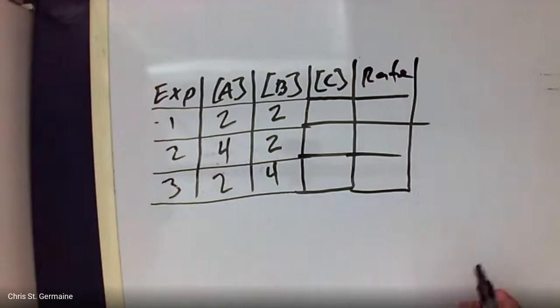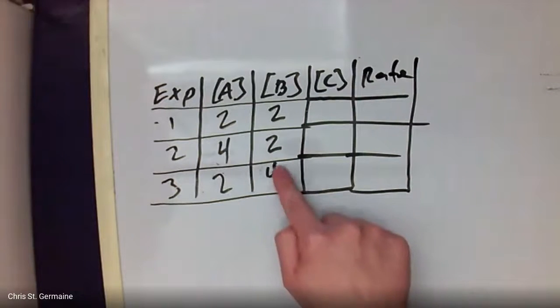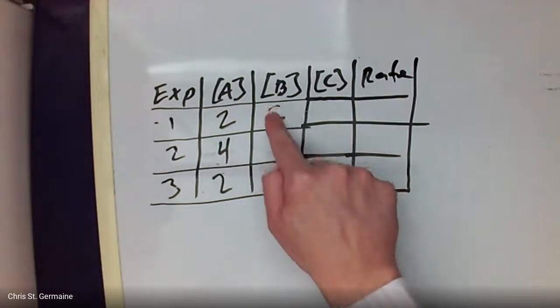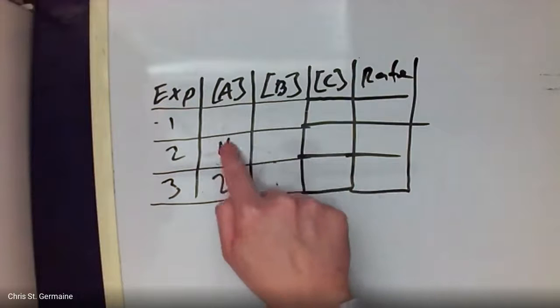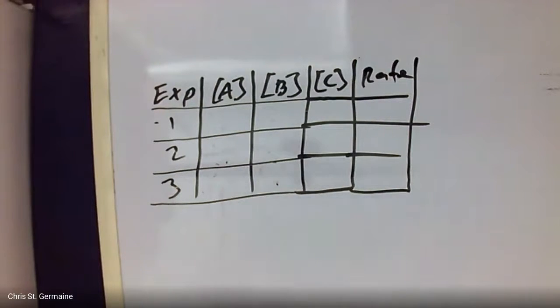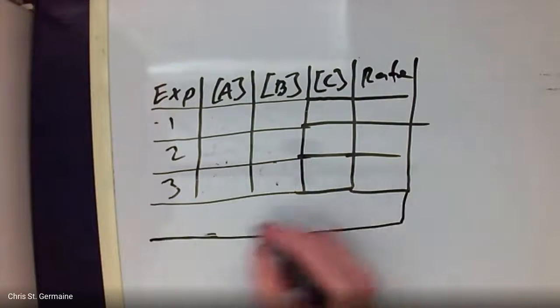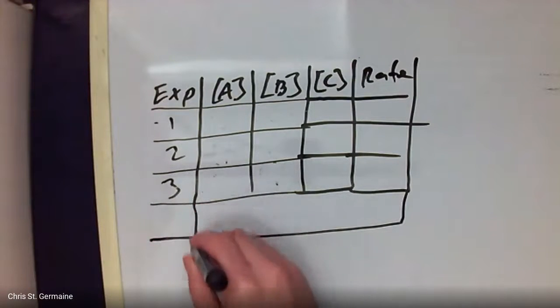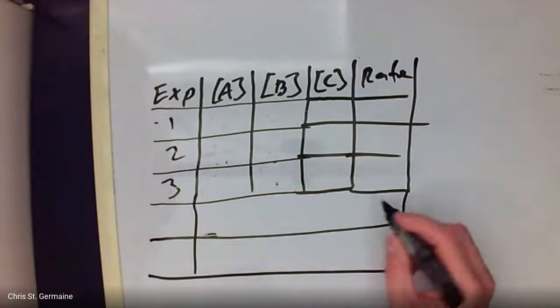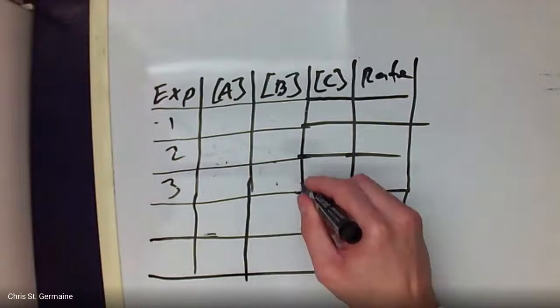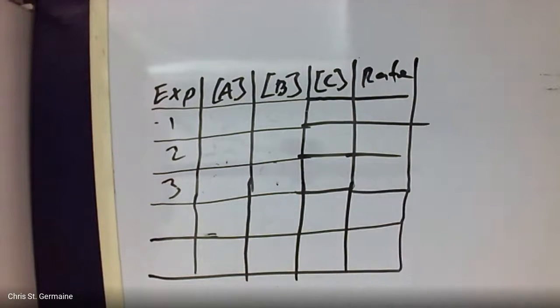Okay, same thing, just change the numbers a little bit here. And we'll need probably 2 more rows along the bottom.